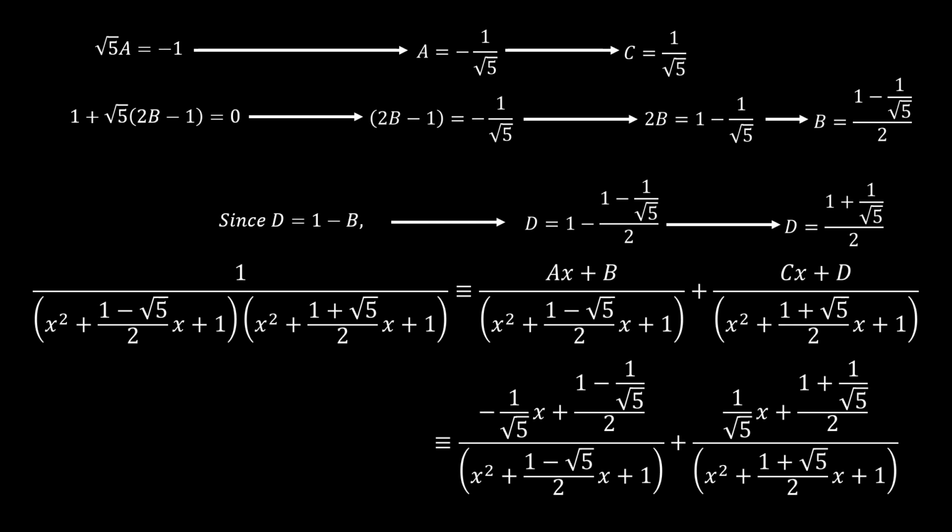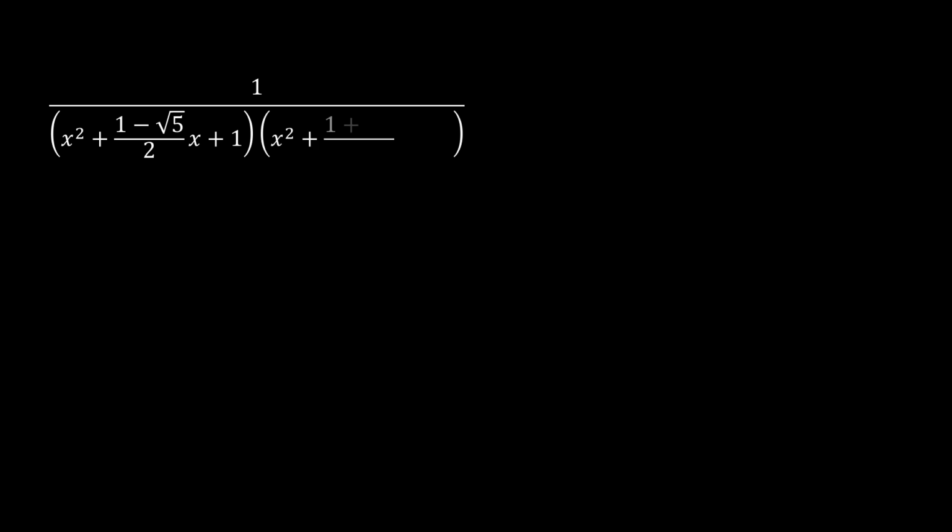So this is our partial fraction. And this now is going to make things easier for us to integrate this problem. Now, since we have this partial fraction that we're looking for, we can go ahead and solve this problem.